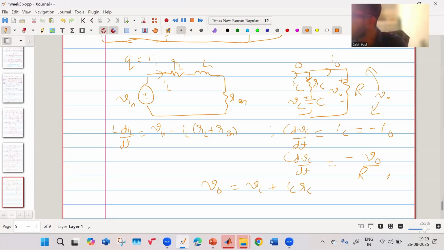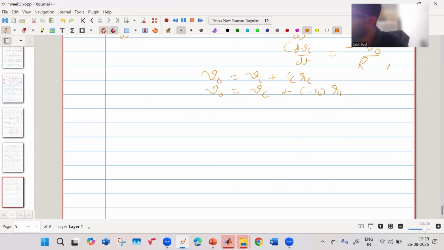This is your VC. So your V output is VC plus IC, and your IC is nothing but minus I output RC. Right? So your V output is VC minus V output by R times RC. So your V output, we take this side.